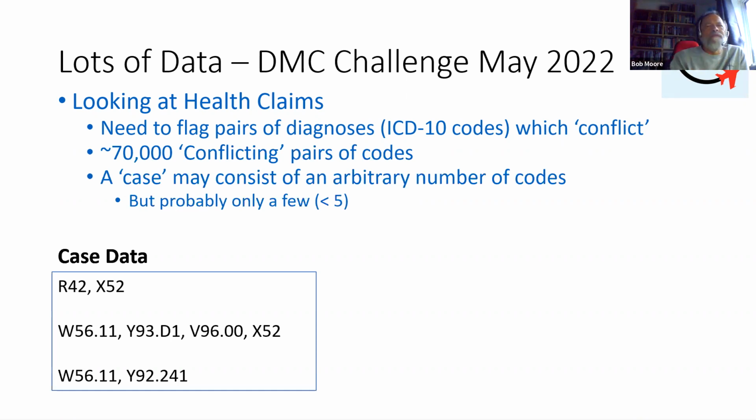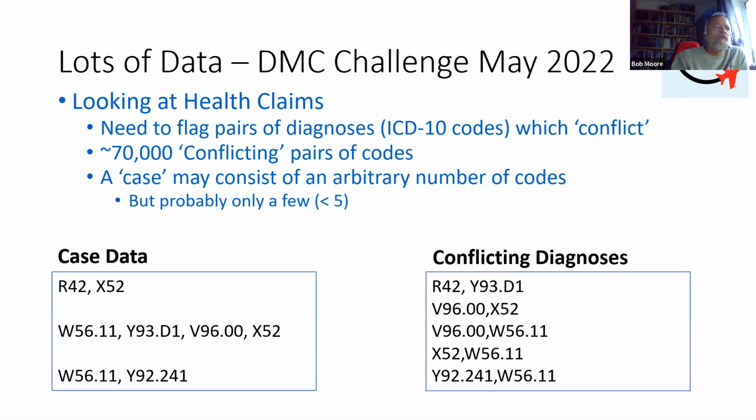Just to put a bit of meat on that, suppose we have these cases here, where we've been given these sets of diagnoses associated with the case, and we have a subset of our conflicting diagnoses. We can see immediately that the first case is okay. We have only one diagnosis, R42, and there aren't any conflicting diagnoses with R42, because X52 doesn't conflict with the one that we've got.